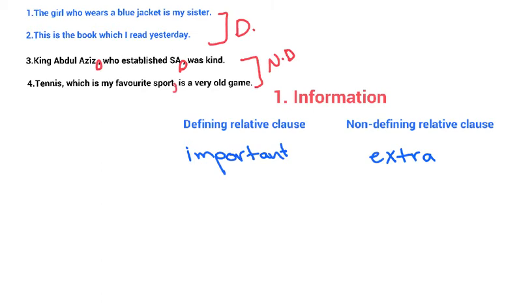This means that the clause is not important, so we put a comma before and after the clause to show that it is just extra information. So you can take out the whole clause and there will be no problem. So the second difference is that in the defining relative clause, no commas. But in the non-defining, use commas.